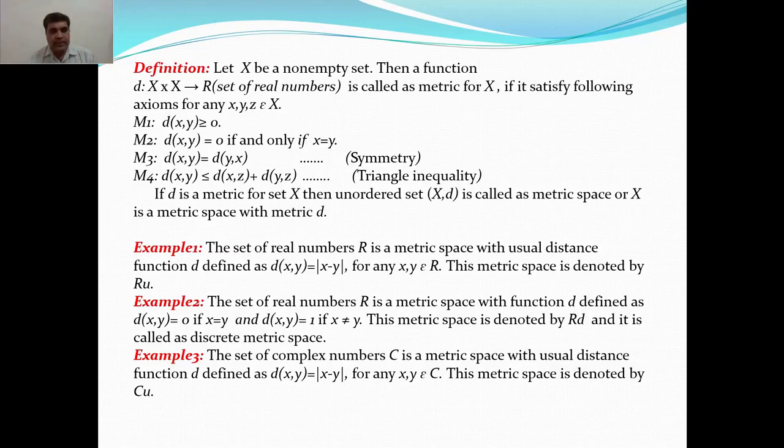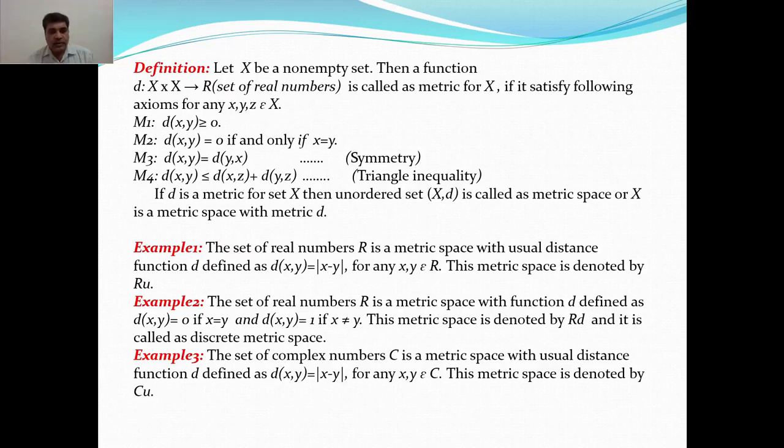As in our previous explanation, the set of real numbers R with the usual distance function d of xy equal to mod of x minus y is a metric space, and it is denoted by R with suffix u. Instead of real numbers, if I take the set of complex numbers C, and if I take d of xy to be mod of x minus y, where x and y represent complex numbers, then it is also a metric space with respect to the usual distance function.